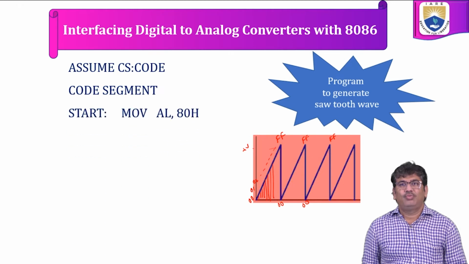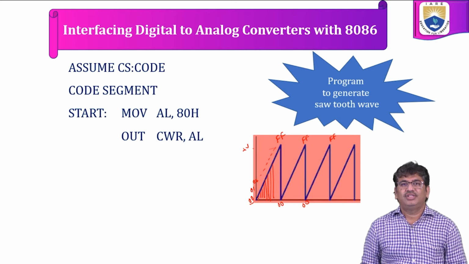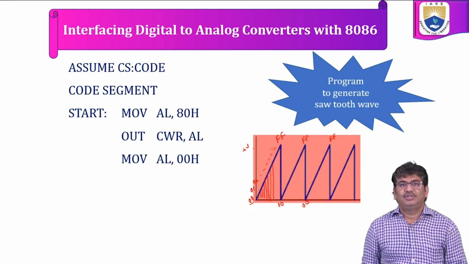So start: MOV AL, 80H. Here start is a label, it is optional. Then this 80H we have to move to the control word register by using the OUT instruction. So the next instruction is OUT control word register, AL. The first value we are going to pass is 00. So this 00 is moved to the AL register, MOV AL, 00H.